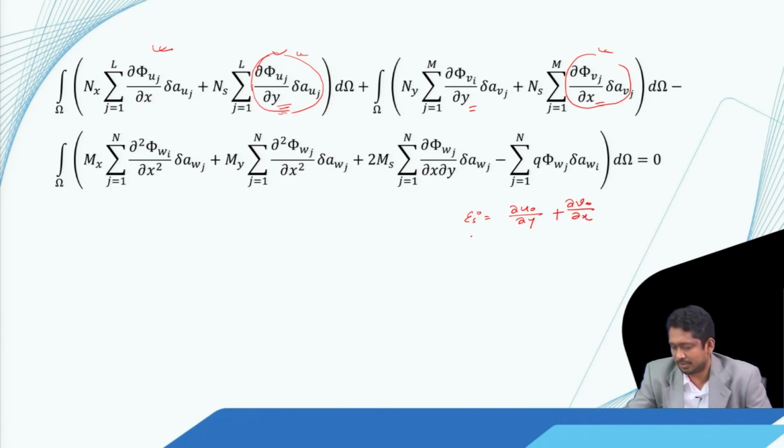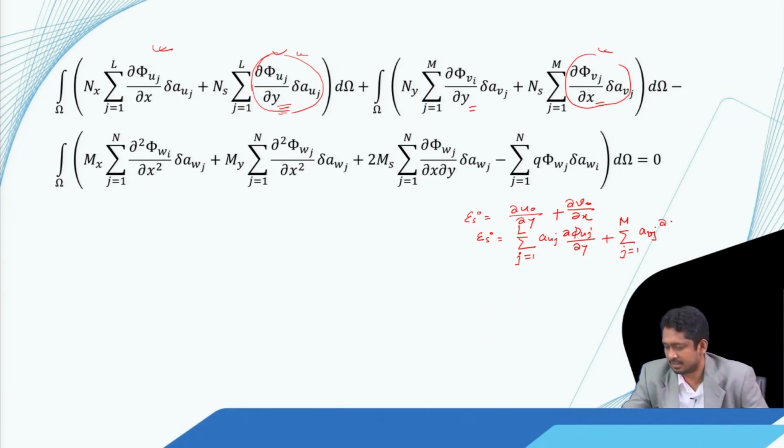As per our approximation, we wrote them as the summation over j equal to 1 to L of a u j del phi u j by del y plus the summation over j equal to 1 to m of a v j del phi v j by del x.